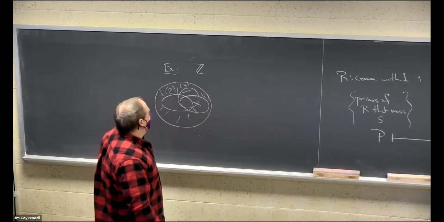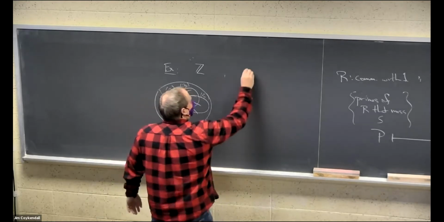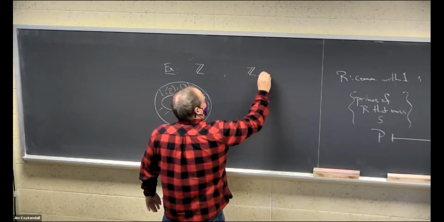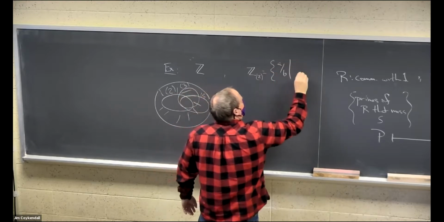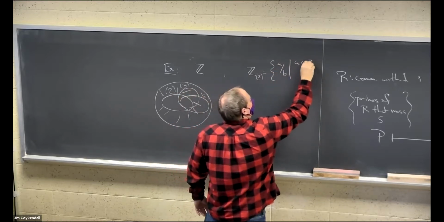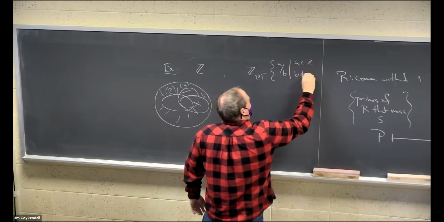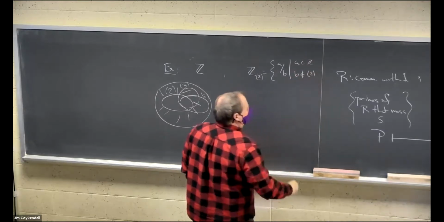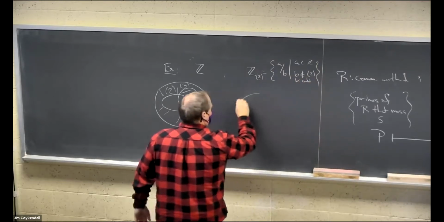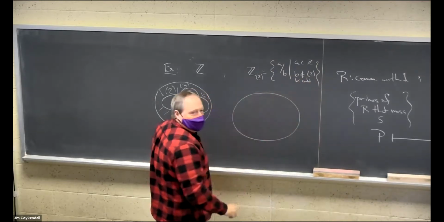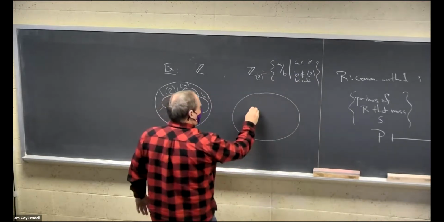But what happens when you look at Z localized at 2? This is a set of a over b, where a is an integer and b is not in the ideal generated by 2. So that is to say b is odd.